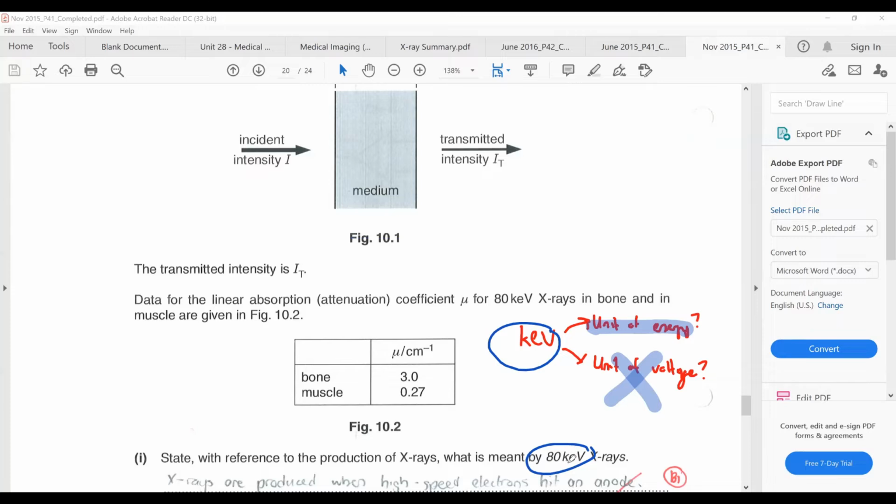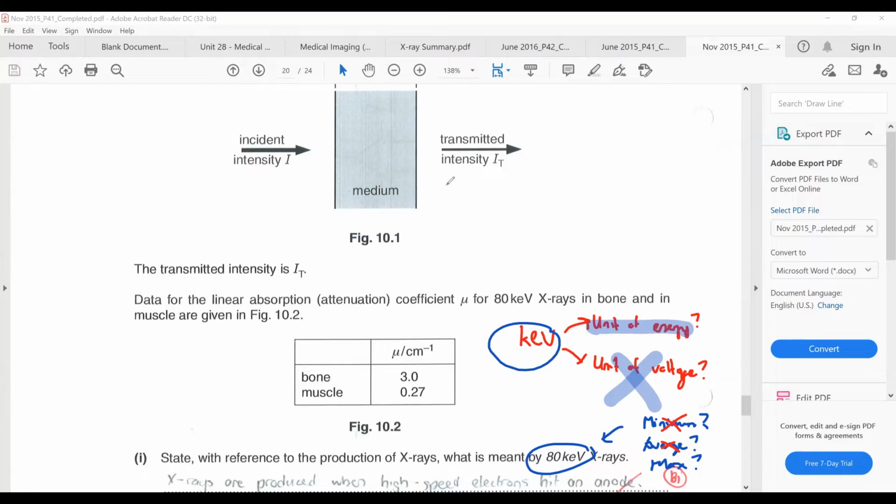So this one, you know, 80 keV relates to energy of the X-rays, but specifically, is this energy of X-ray the minimum energy, the average energy, or the maximum energy? So the answer here is that when they say to you that your X-rays have this particular energy, it actually refers to you the maximum energy of the X-rays.